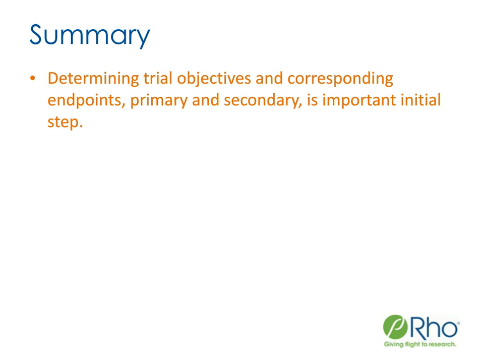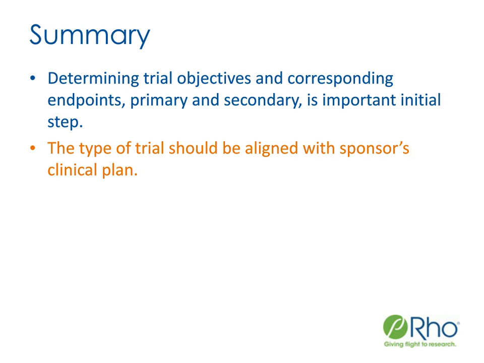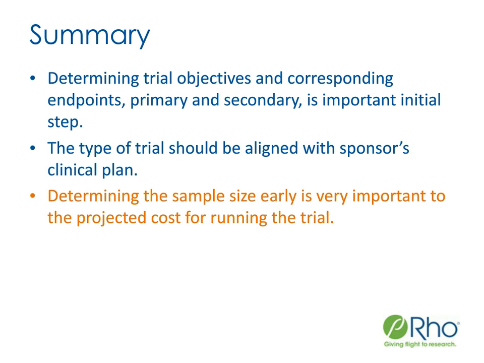So, in summary, it's important to give careful consideration to determine the trial objectives early on. The type and design of the trial should be aligned with the overall clinical plan for the drug's development. Determining the sample size is an important factor in the cost of the trial and requires deciding on your statistical hypotheses during the planning phase.